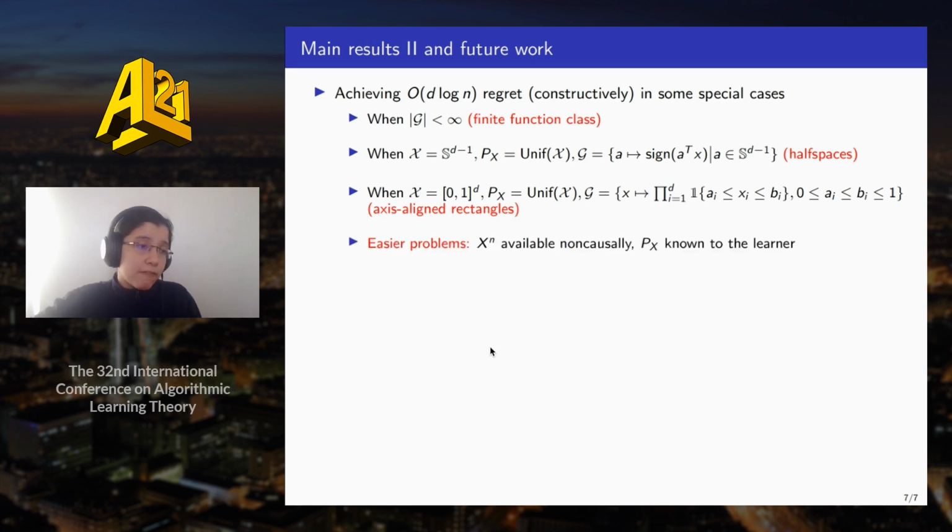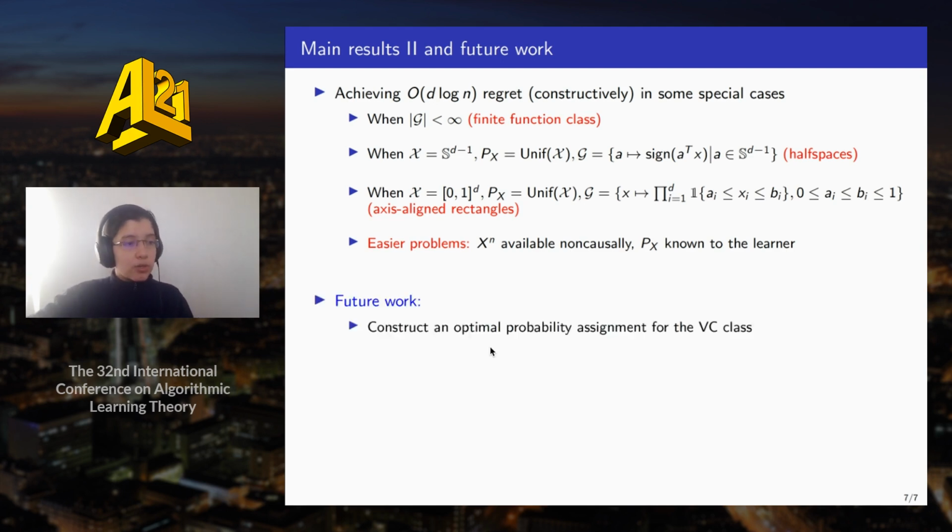And if we modify the problem to make it a little simpler, such as when x^n, the side information, is available non-causally, which means non-sequentially, so all at once rather than sequentially, or when P_X is known to the learner, we can also achieve order d log n regret.